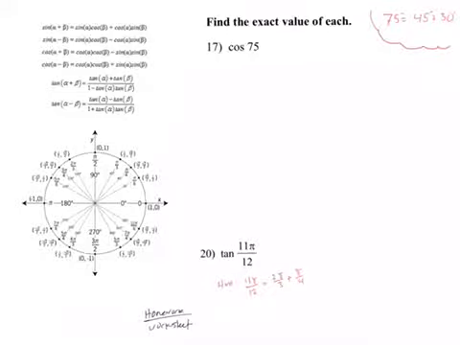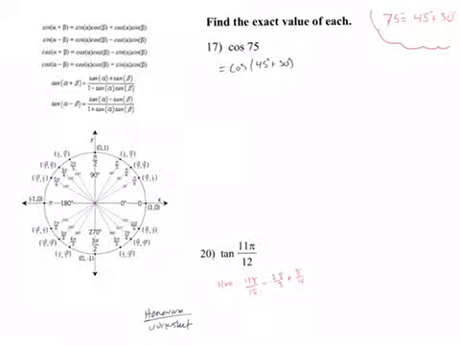So what I'm going to do is rewrite this as cosine of 45 plus 30. Now it looks just like this. So now I can use this identity and the values of cosine and sine that I already know from my unit circle to calculate this exactly without a calculator.